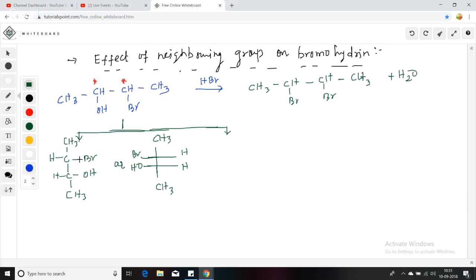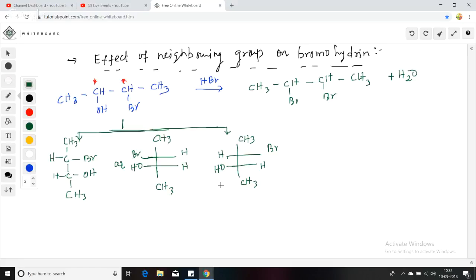Or one possibility is that these two hydrogens are on opposite sides, so that also we can draw. We have hydrogen, hydrogen, Br, OH, and here we have CH3, here we have CH3.